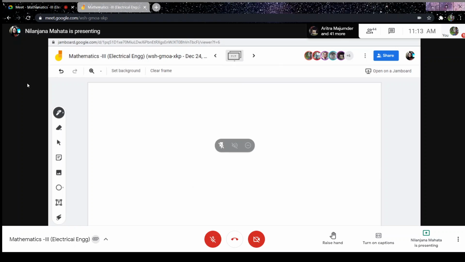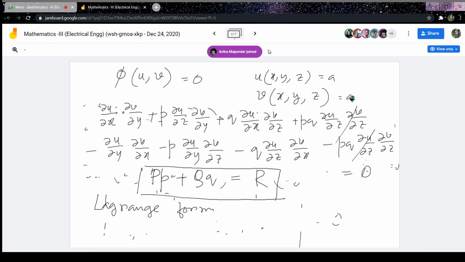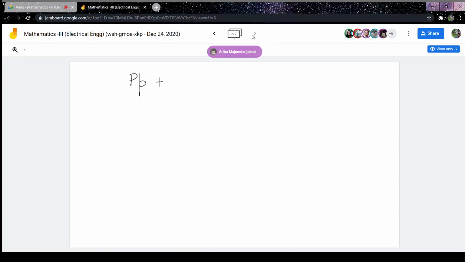So when a partial differential equation of first order is given in this form, then we will solve it by this method.